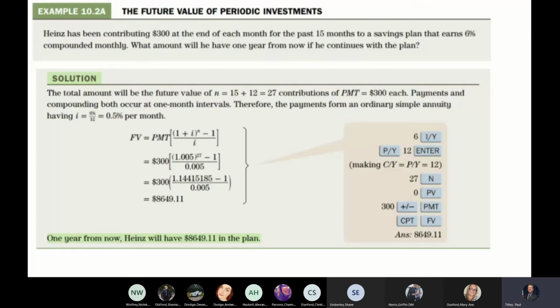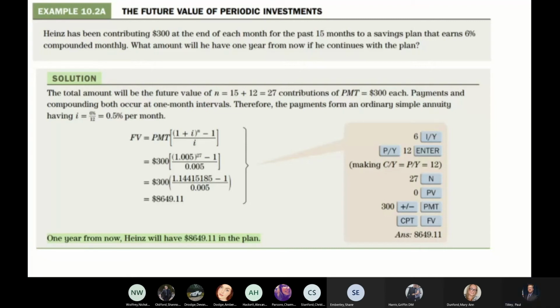Okay, so we have to look at that problem, and the first thing we need to do when we look at the problem is to ask ourselves, is this an ordinary simple annuity? Now, all these are ordinary simple annuities, so you say, well, of course, this is a simple annuity. This is what we're talking about. But here's how you decide that: $300 at the end of each month, and the 6% is compounded monthly.